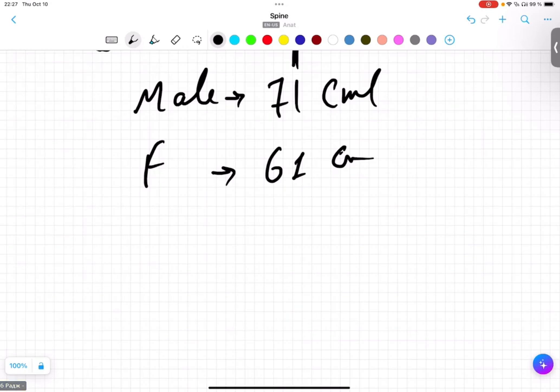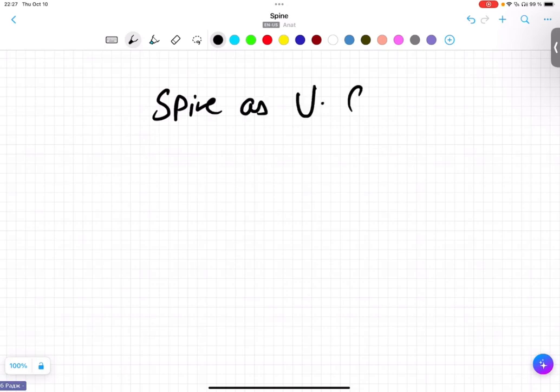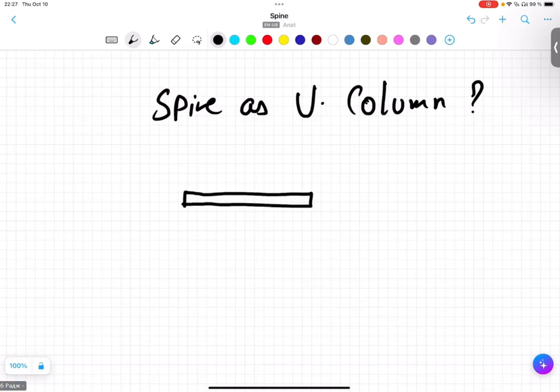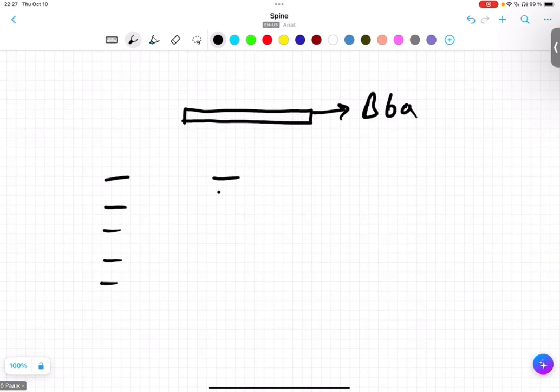What else? Okay, tell me one thing. Why do we say spine as vertebral column? Because it consists of many bones. Suppose this is a classroom and this is a blackboard, and there are many tables in this classroom.